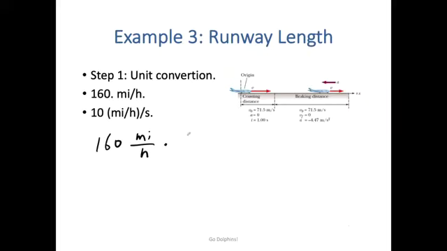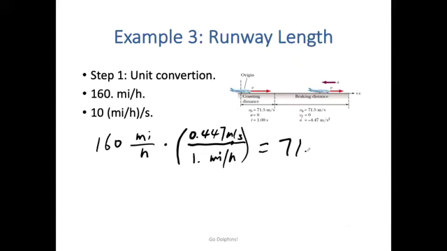We multiply by 1. So we need to know, convert 1 mile per hour to meter per second. 1 mile per hour equals to, so 160 miles per hour is roughly 71.5 meter per second. And then we need to find out what's the acceleration. They give us negative 10 miles per hour per second.